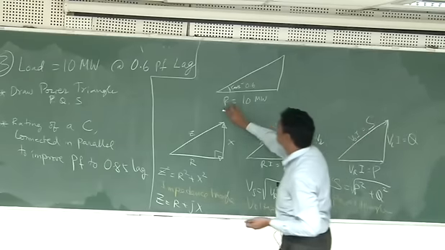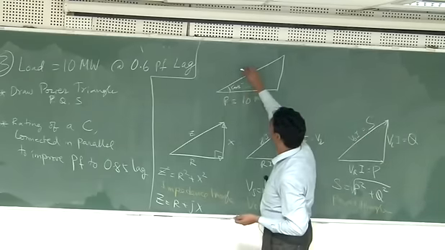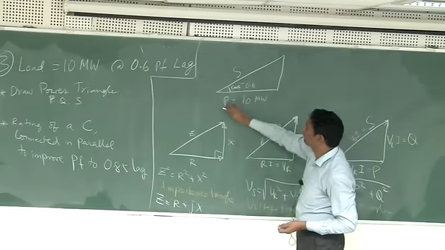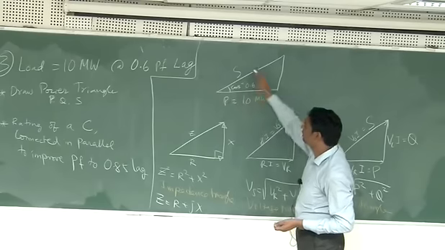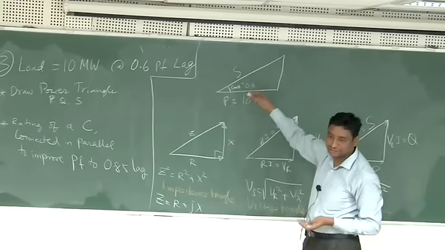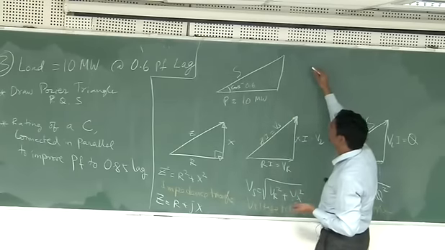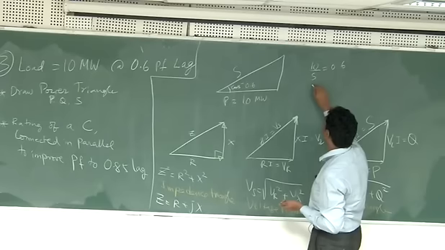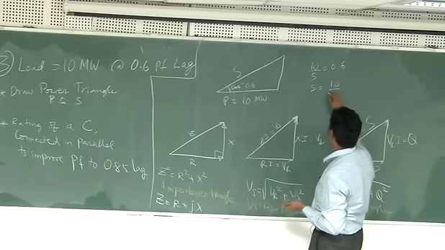So if I want to find first of all this one, S. So what is S by P? Sorry, P by S. P by S is nothing but cos, because adjacent side by hypotenuse. Okay, so 10 by S is 0.6. So S will be 10 by 0.6.